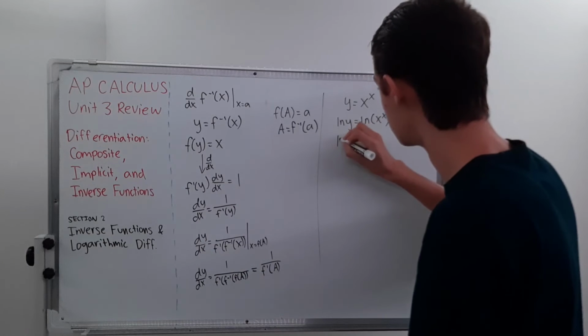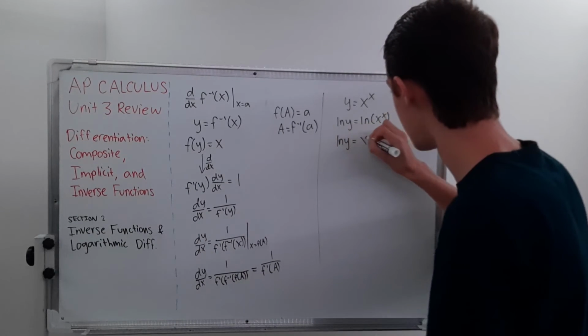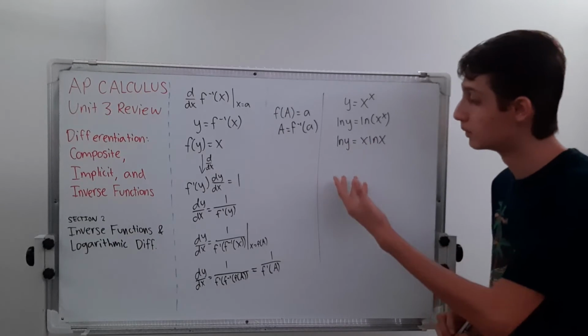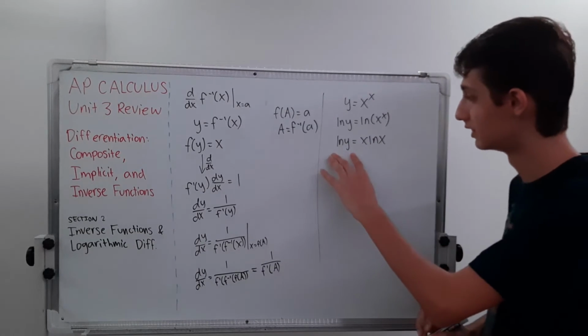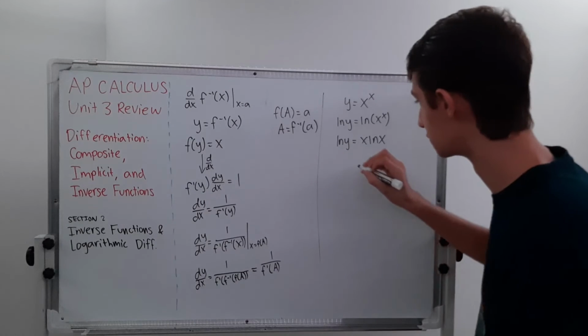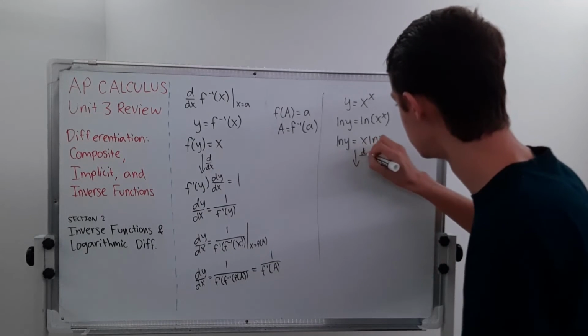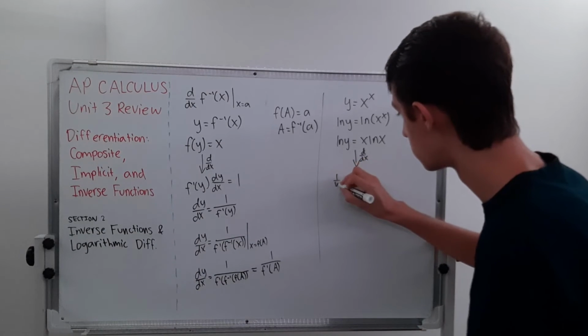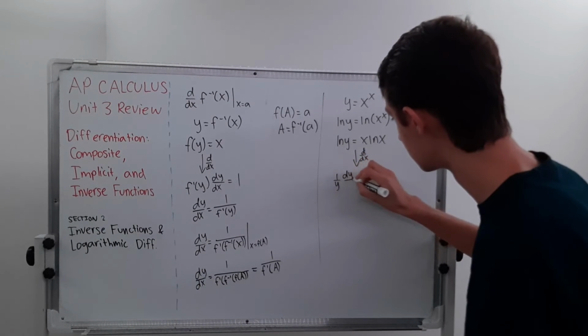So we say that ln y equals x times ln x. And then from here, we can take the derivative on both sides. So let me draw a little derivative sign. We can say that this is 1 over y, but times dy/dx.